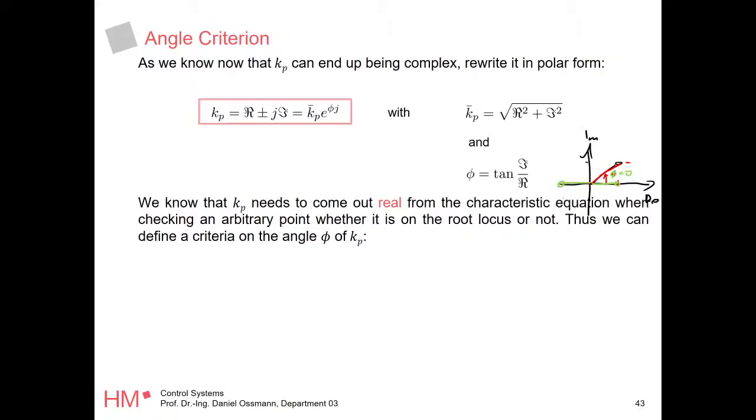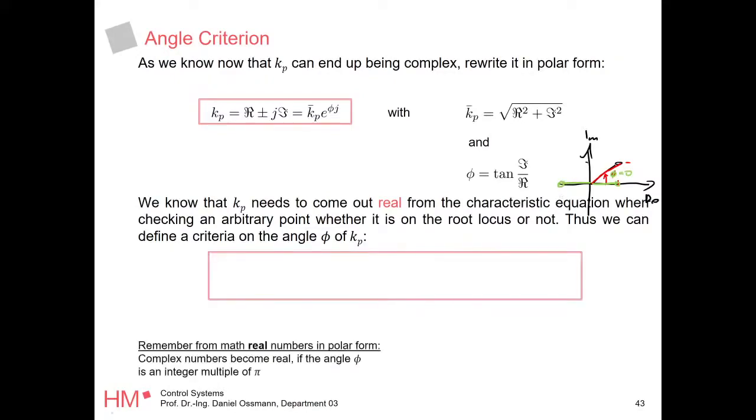Okay, now we can finally formulate a criterion. If we want to check if a point is reachable or not, we simply calculate this feedback gain in polar form. And you will see in polar form it's much easier. Now we can say the criterion for the angle of our Kp is the following.